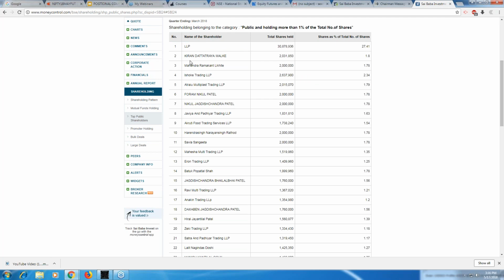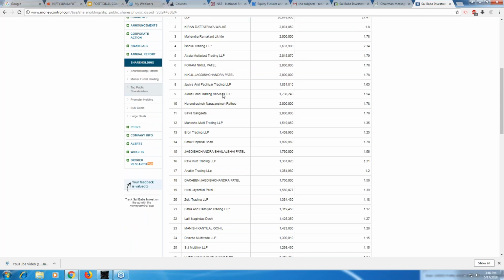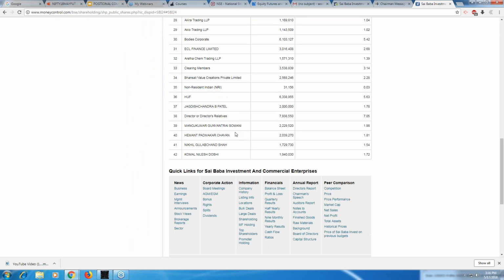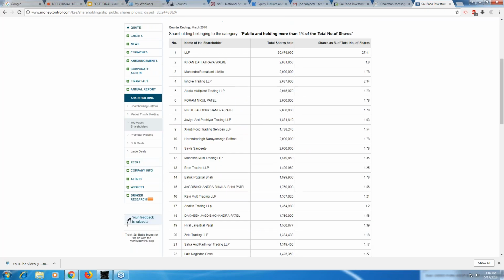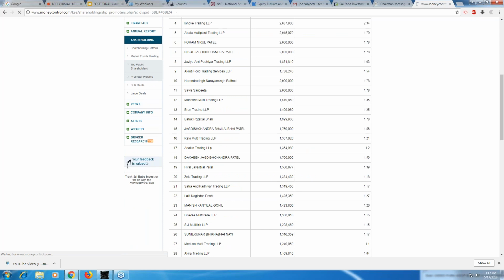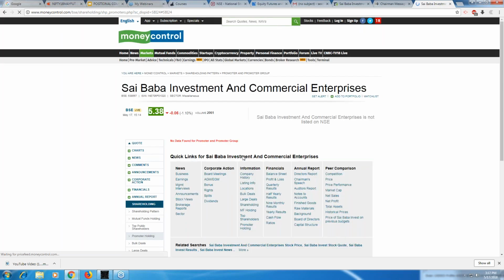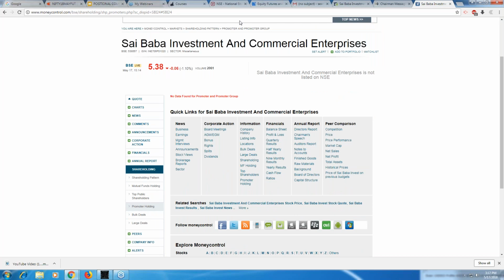Total number of shares. Karan Dattatreya Walke. All these people are holding shares, but according to me, I don't know what it really means. Promoters holding. Let's see what's promoter holding. There is nothing. No data found. Right? So these kind of companies are actually fictitious companies, and I don't trade in them.